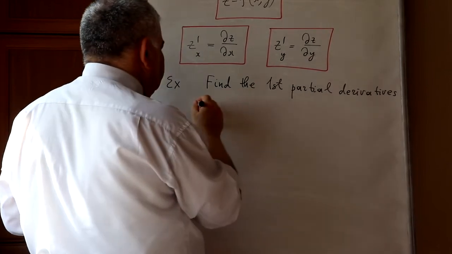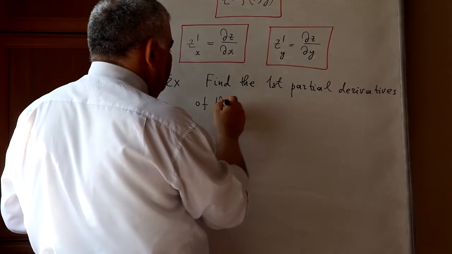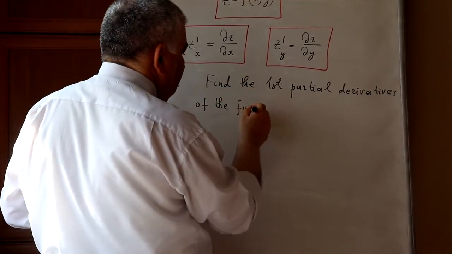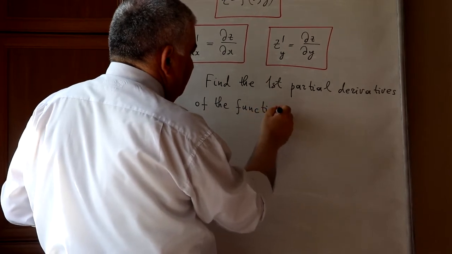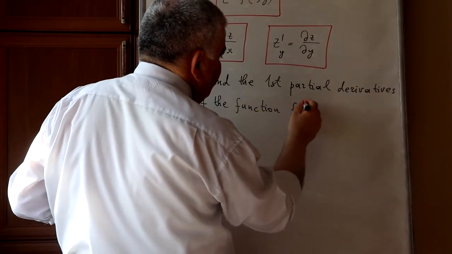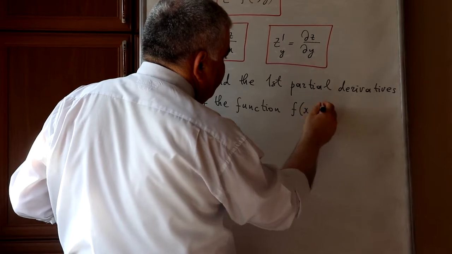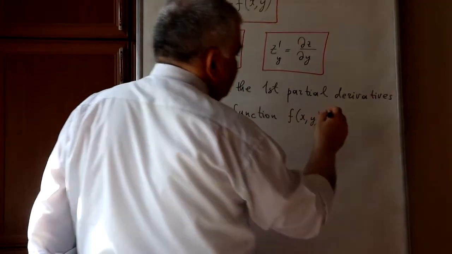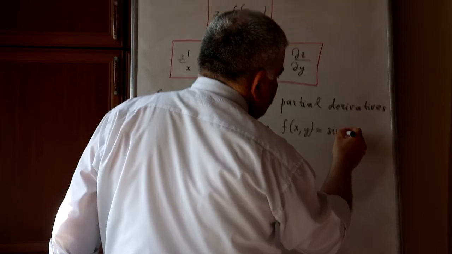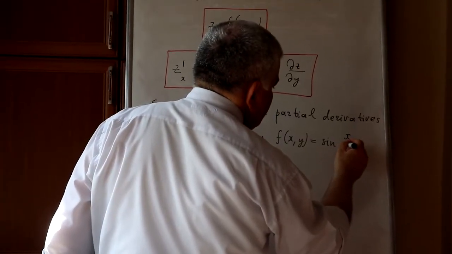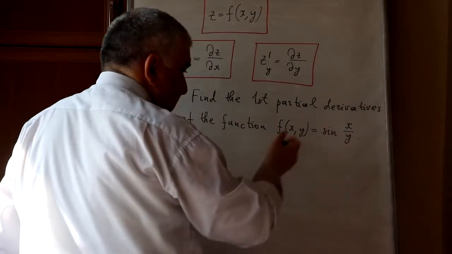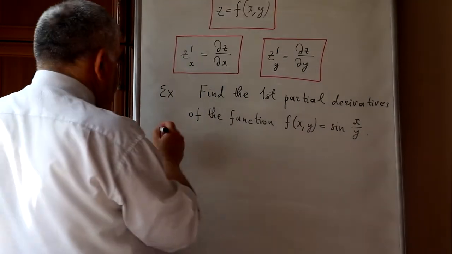The function f of x, y is sine of x over y. It is a two variable function. Solution.